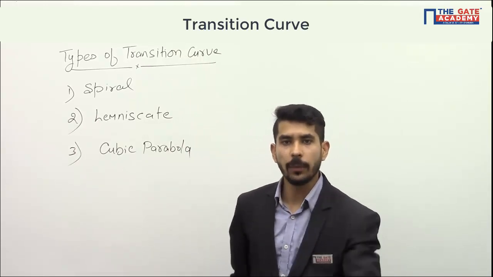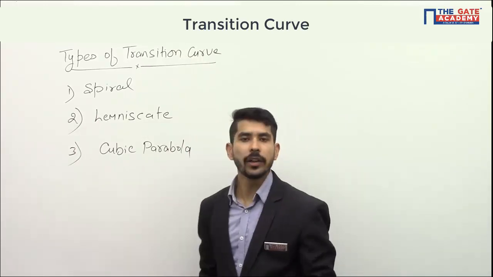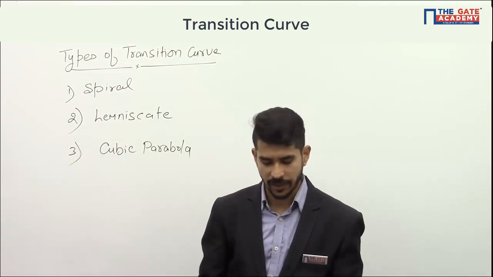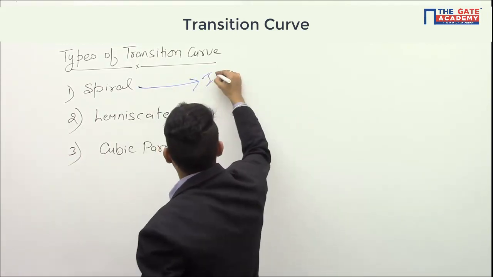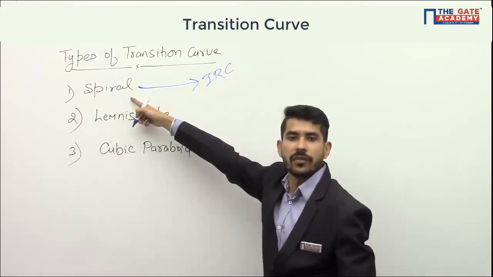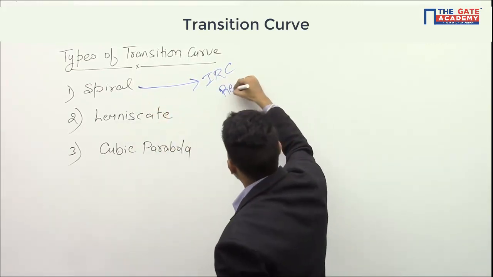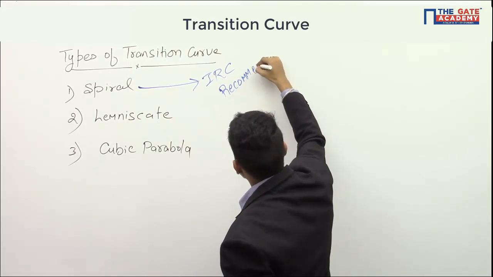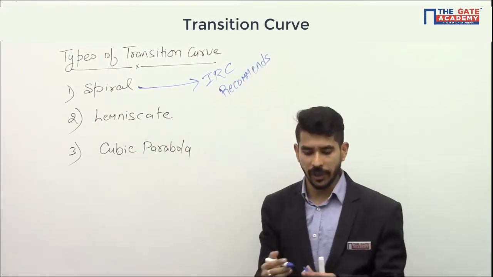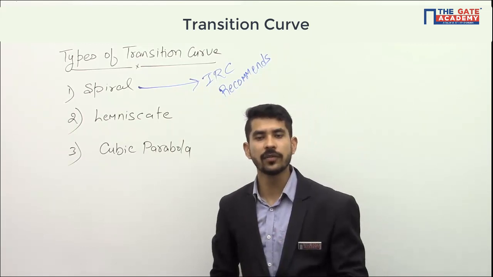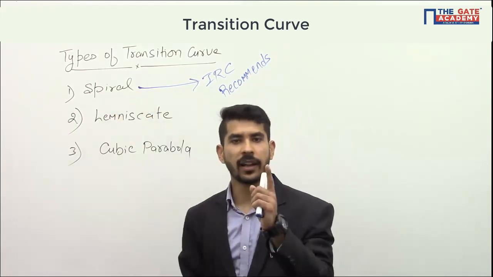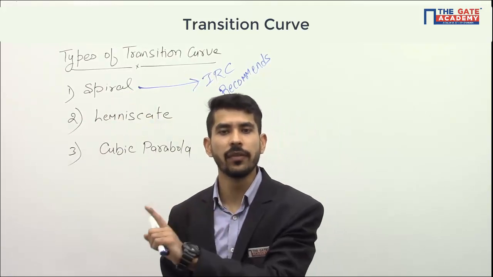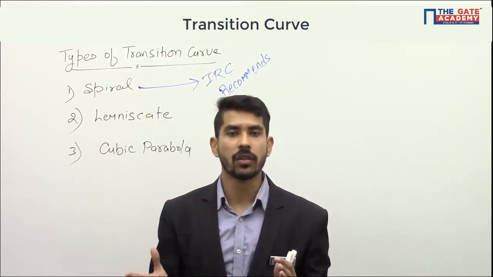Right? Now, according to IRC, we always prefer this kind of curve, the spiral. IRC recommends the spiral curve. And what is the reason for that? IRC says on a spiral curve, the rate of change of centrifugal acceleration is constant.